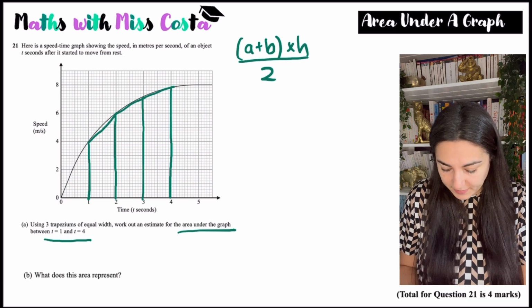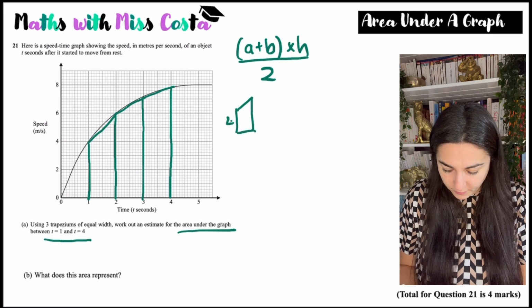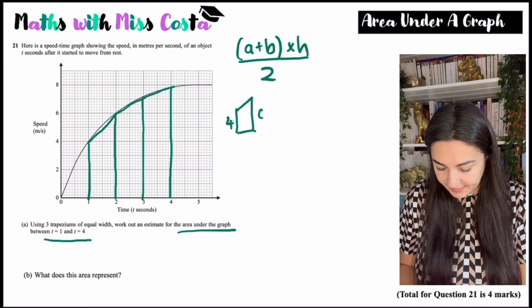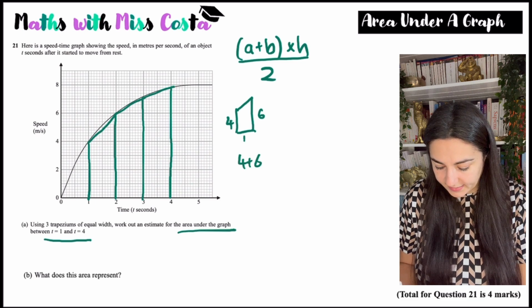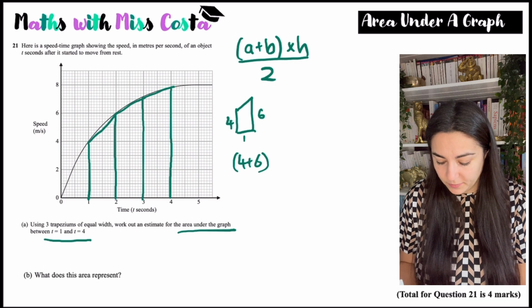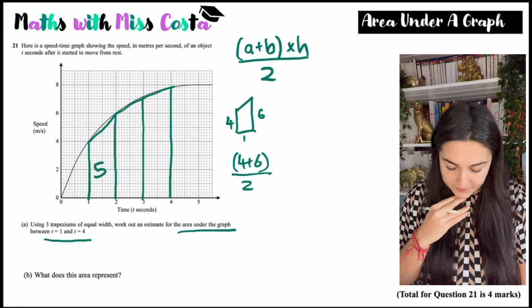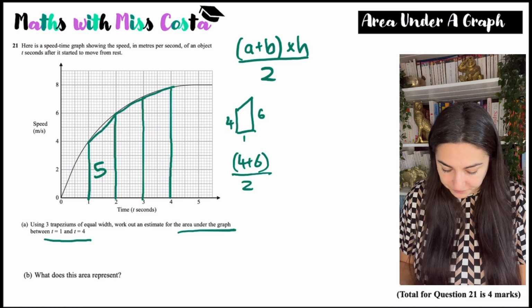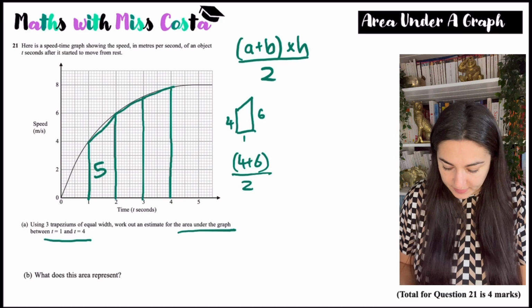So for the first trapezium, we've got a side of 4 and a side of 6, and the height is just 1. So we're going to do 4 plus 6 times 1, which is 10. 10 divided by 2 is 5. So the area is 5. And we do the same for the next one. So let's just change the numbers.